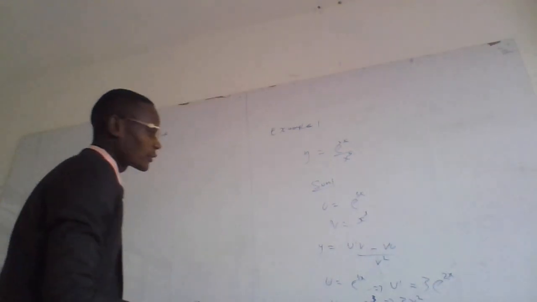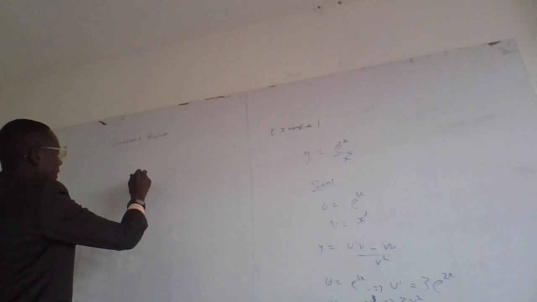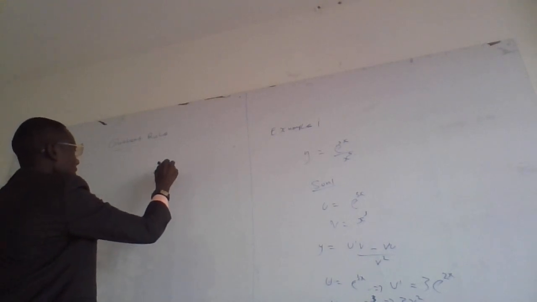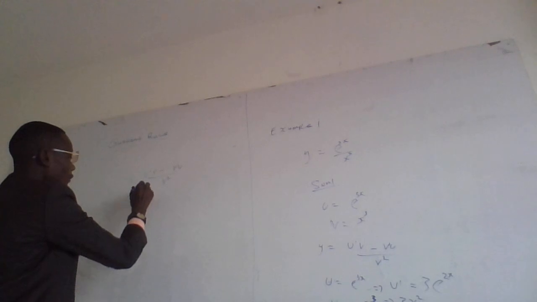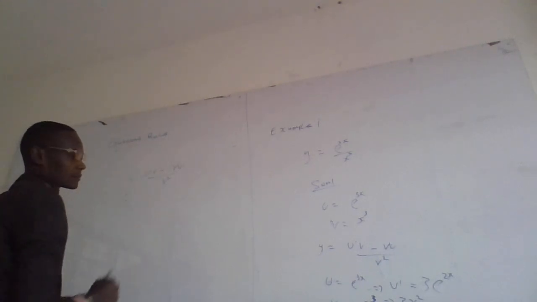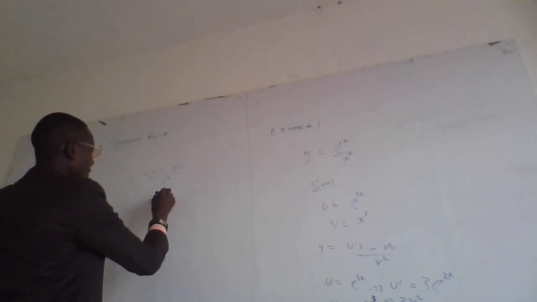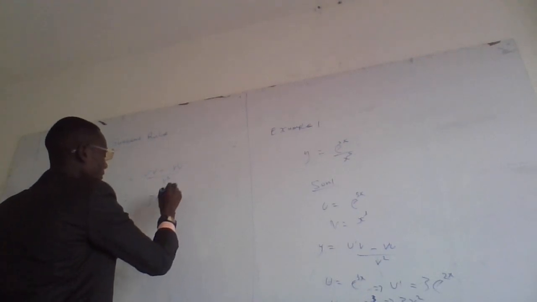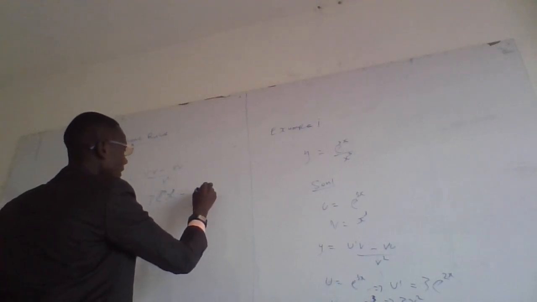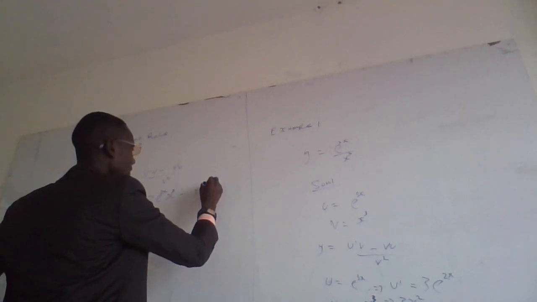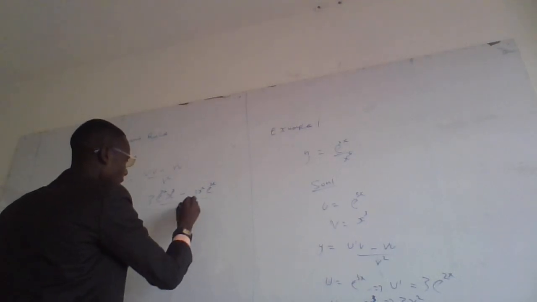And then we invoke the formula now. We have the first derivative of u, 3e to the 3x, times x cubed, minus the derivative of v, 3x squared, times e to the 3x, over v squared.